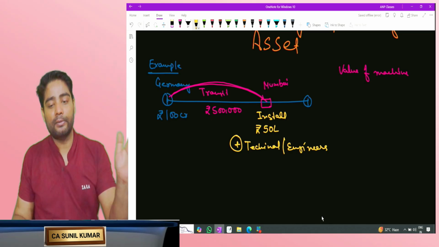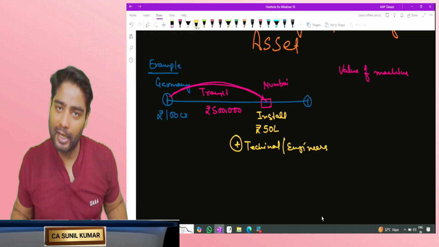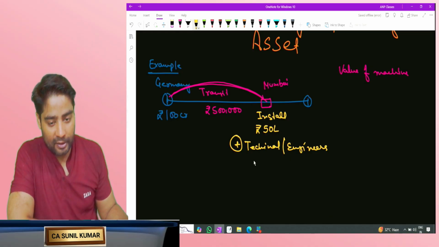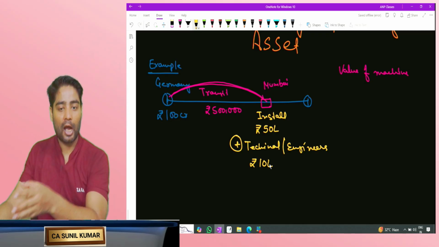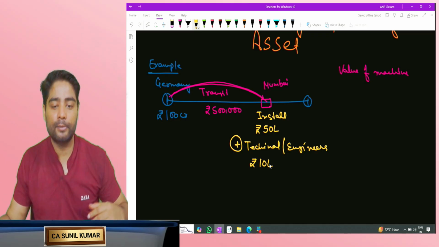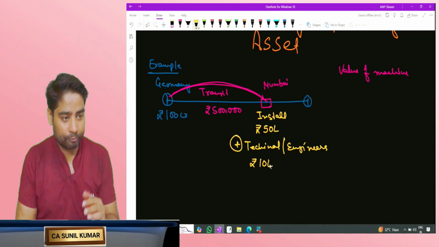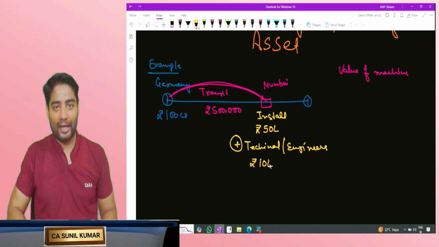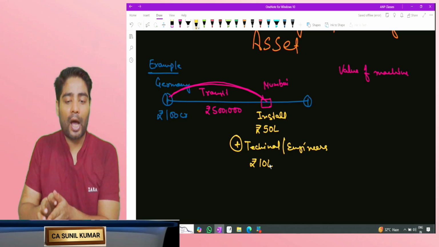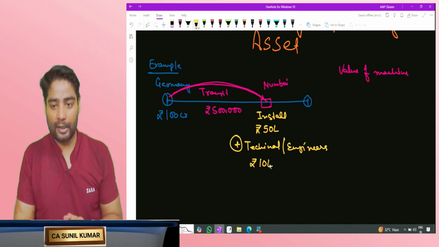So I called some technicians or engineers from Germany and I will pay their fees. Let's suppose their fees is 10 lakh. They will tell our people how to operate the machine and how we can repair small errors or other things. So I will pay the technician rupees 10 lakh.